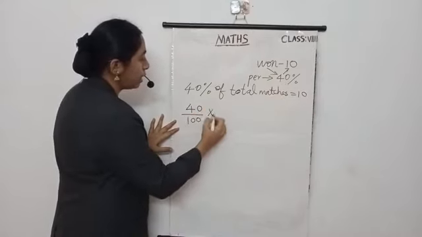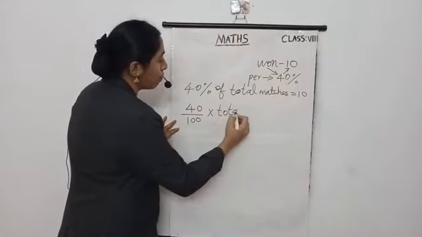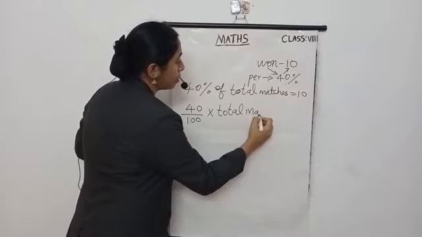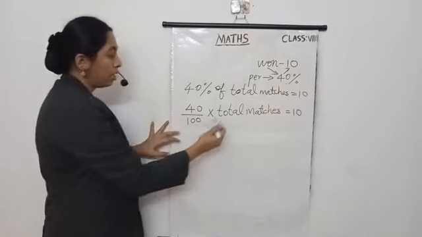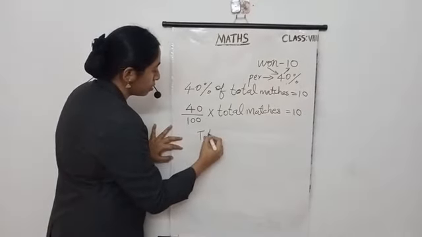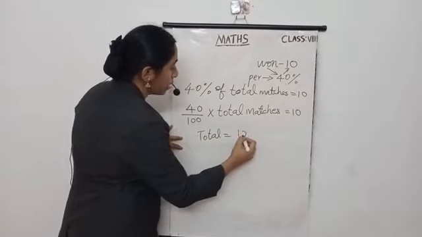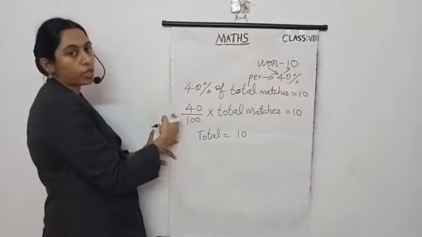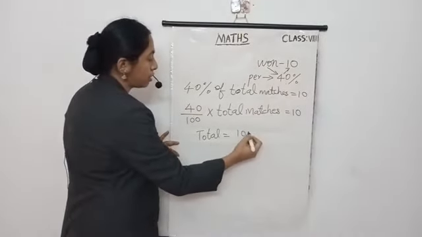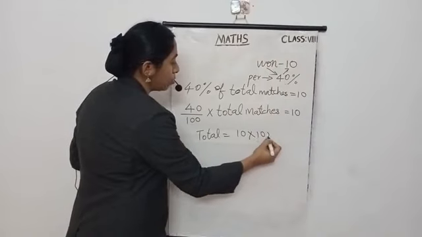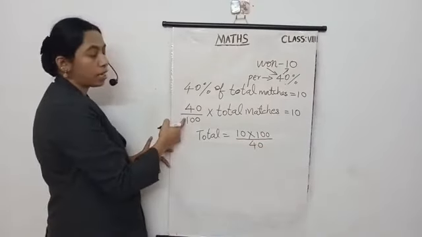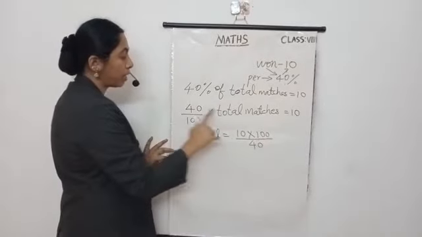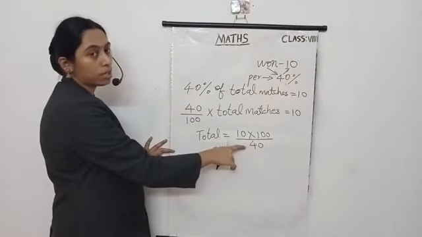Of means into. Total matches equal to 10. We transpose this 40 by 100 to the right hand side. So this is 10 into 100 by 40. Understood? 100 here is the numerator, and 40 here is the denominator.